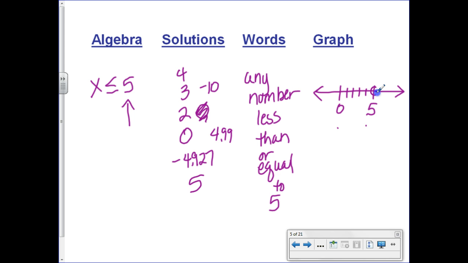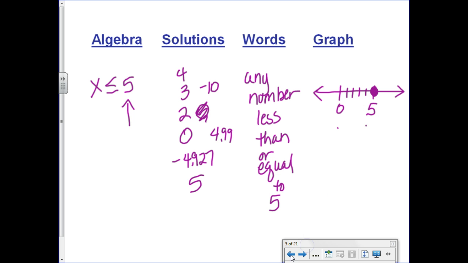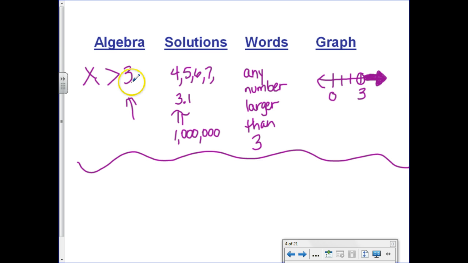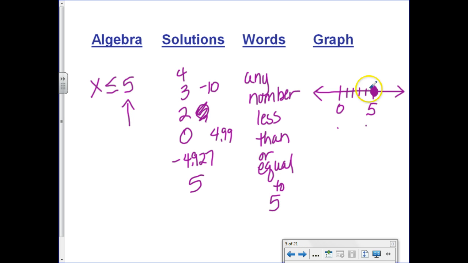So you're going to again put a circle right on the line at 5, but this time I want you to color it in. You color it in because 5 is included. Do you remember last time? Last time 3 was not included and not a solution. That's why we left it open. But this time 5 is a solution, so we're going to color it in.